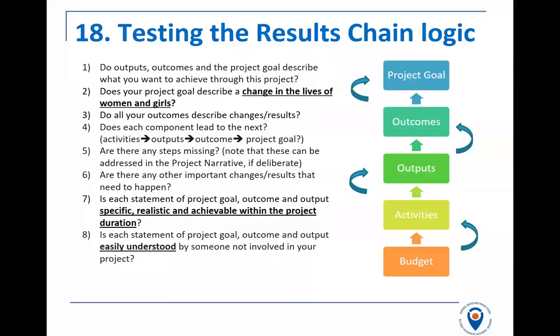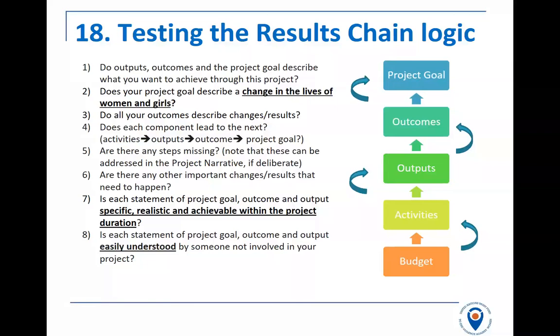If someone who's not involved in the project can't understand it, then there might be a problem, because clarity helps you plan and monitor. And you also have to consider that, heaven forbid, you left the organization tomorrow and someone new arrived, they need to pick up that project results chain and that project results framework, and they need to understand it.